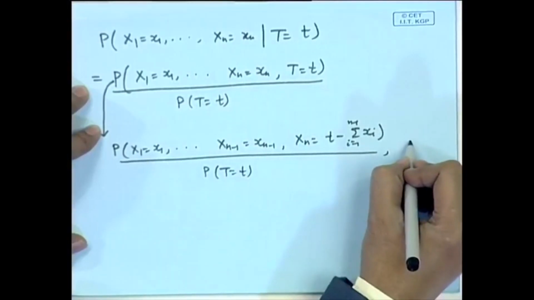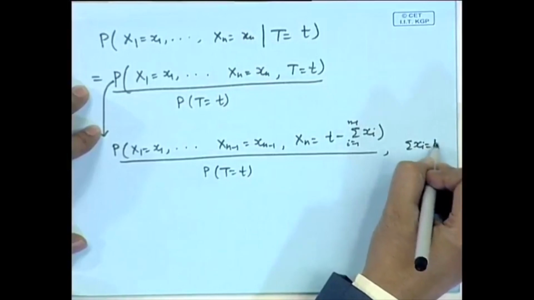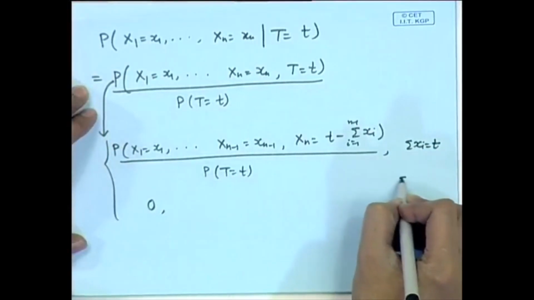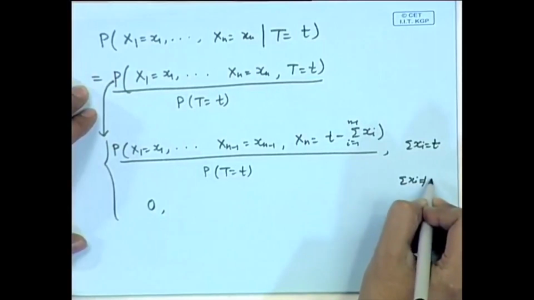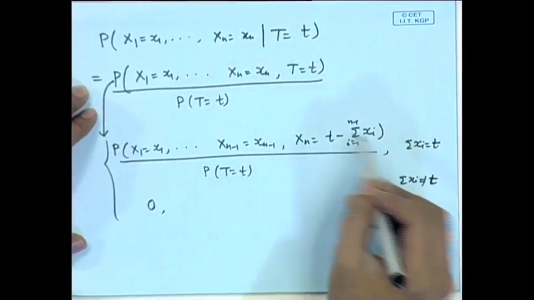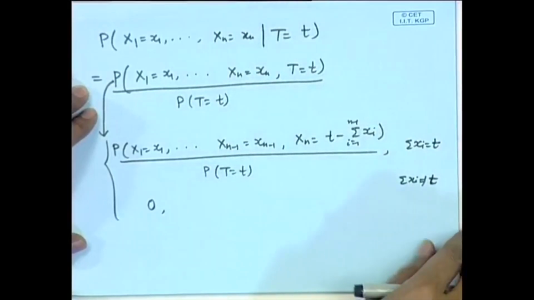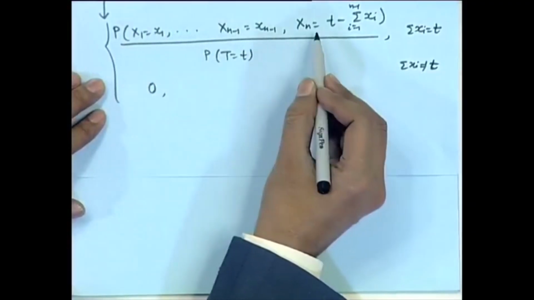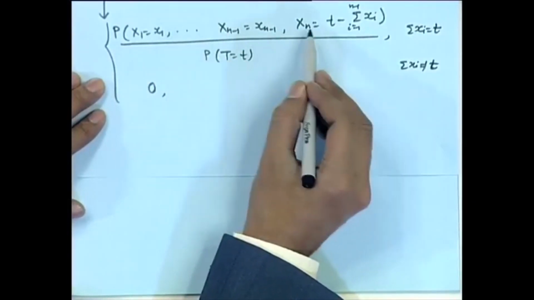This is valid if the sum of Xi is equal to t, otherwise it is defined to be 0, because it is conditional on t. So, for every value of t we have to determine this. Now, the numerator quantity can be determined because X1, X2, ..., Xn are independent Poisson lambda variables.